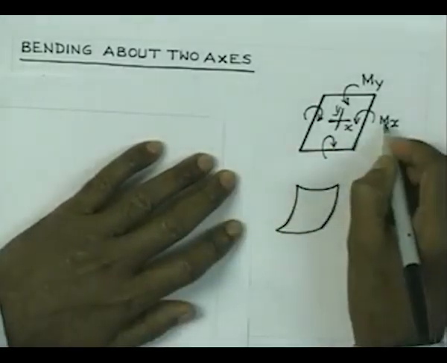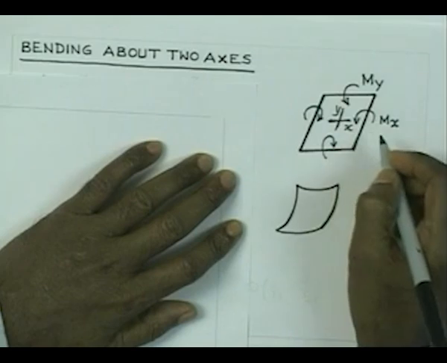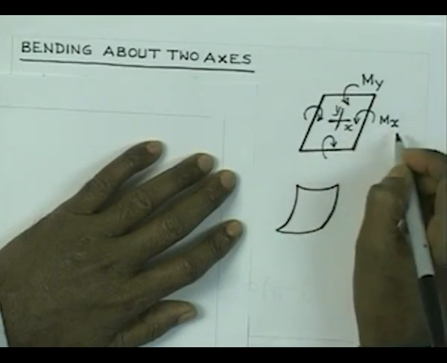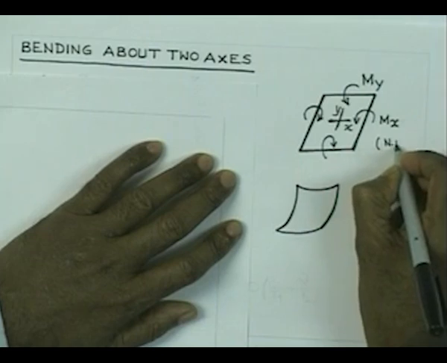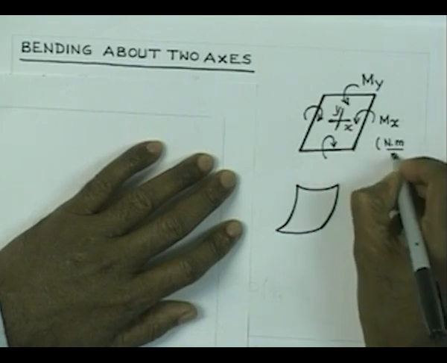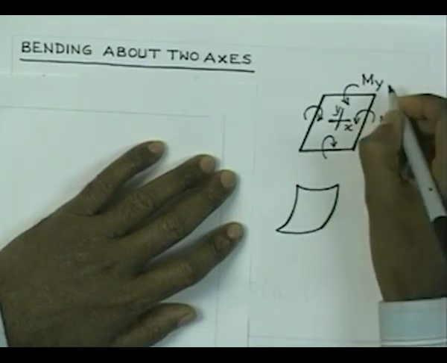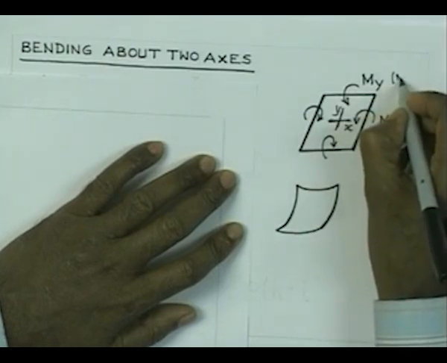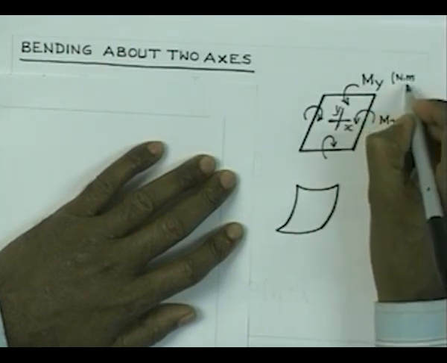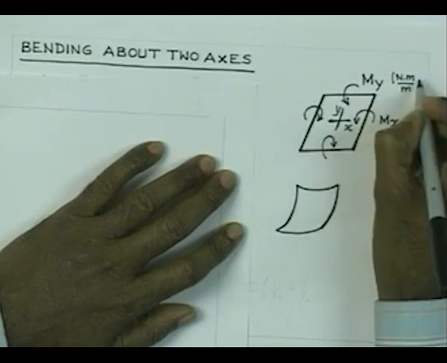We are applying Mx bending moment, and this Mx is per unit length. So, generally its unit will be Newton meter per meter.